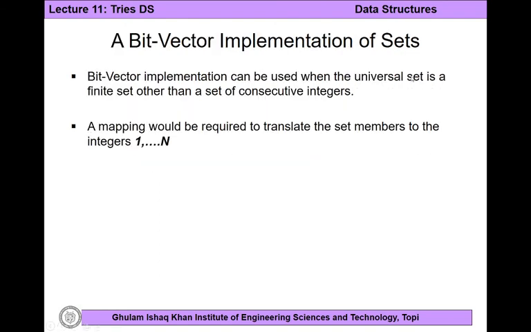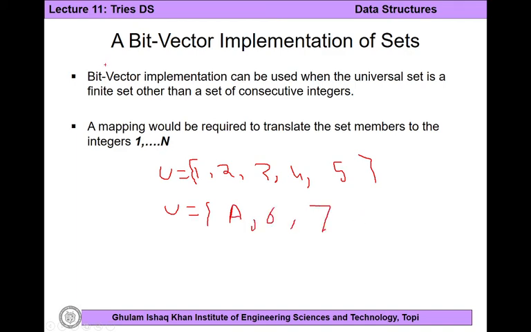The universal set may not always be consecutive numbers. For example, here what I considered the universal set was consisting of 1, 2, 3, 4 and 5, but maybe at times the universal set is like 6, 7, so on and so forth. In that particular case, you need to have a translation function or mapping function that can translate the value a to the slot or index in an array.